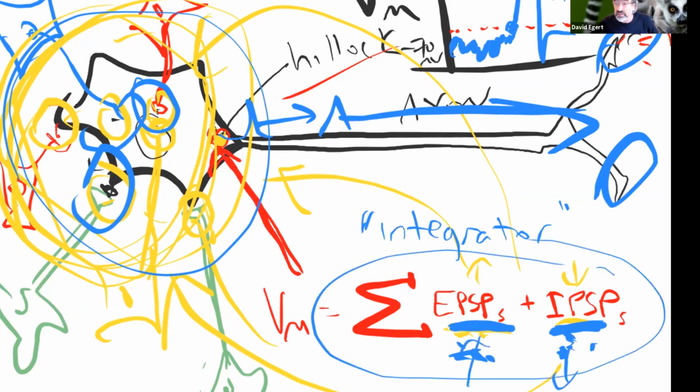And depending on that, if there is enough net positive to take the axon hillock over minus 55 millivolts, that is going to be the trigger for this thing to fire off an action potential down its axon and influence the next stage of the neural circuitry. Right, so this is just summation, sigma.